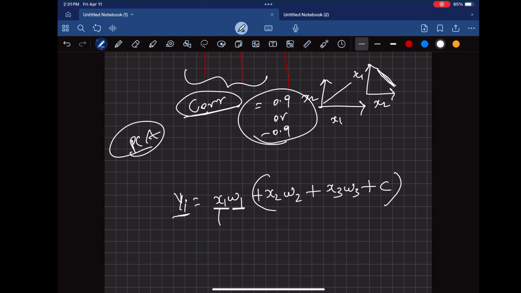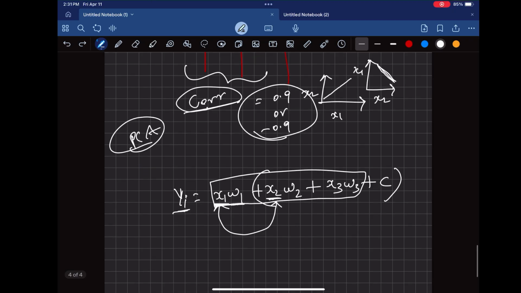But since x1 and x2 are highly correlated, if x1 is increasing, x2 is also increasing. This overrides the basic ideology of linear regression, so we need features which are not correlated, meaning not dependent on each other. That's the main thing we need to remember.